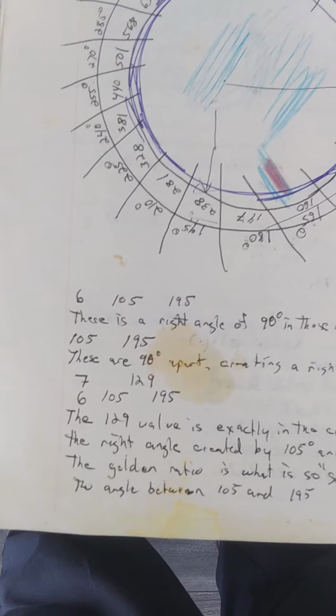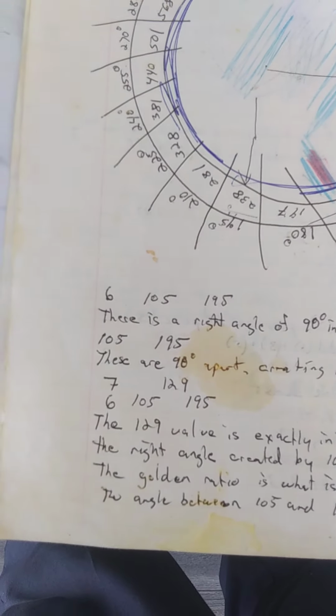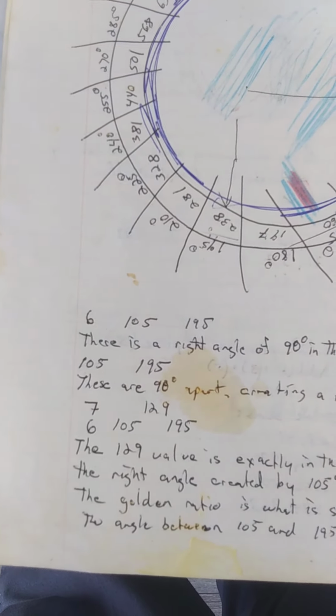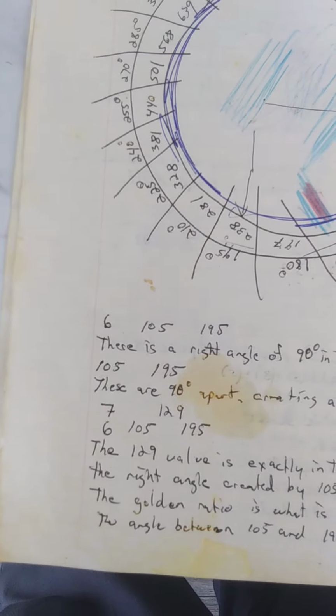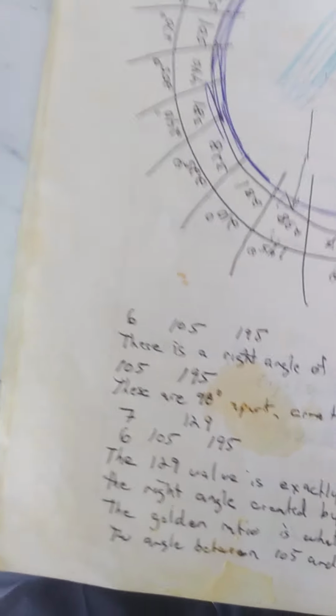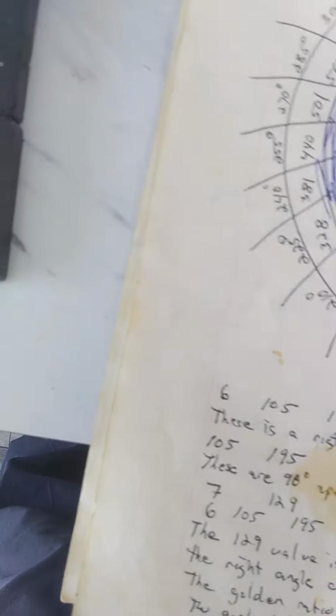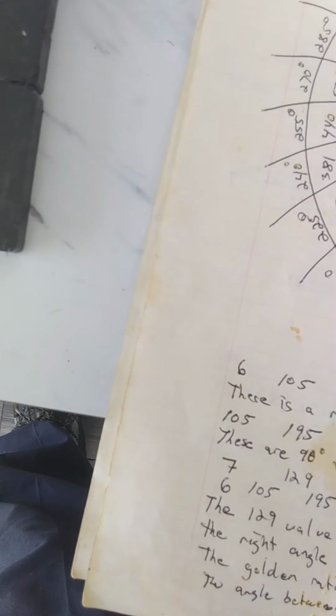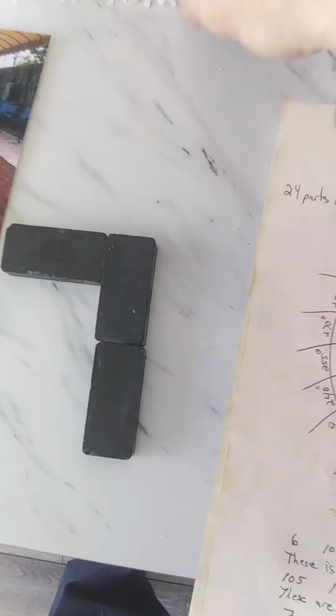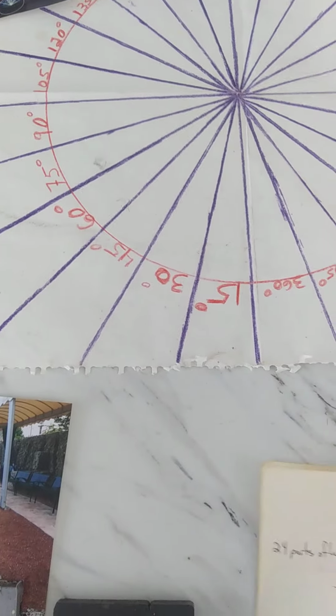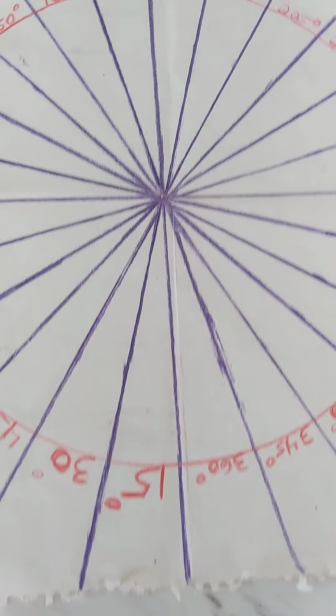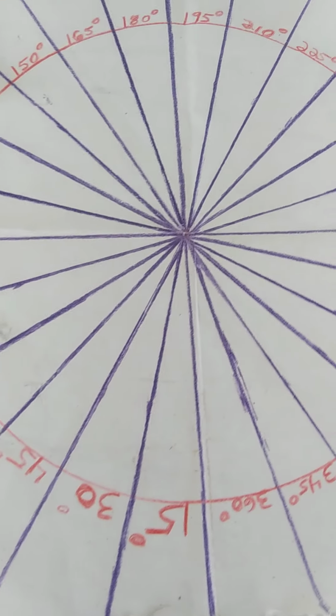When you get into these numbers here, you're dealing with 6, 105, and 195. These numbers represent, on a flywheel, the 105 and the 195.